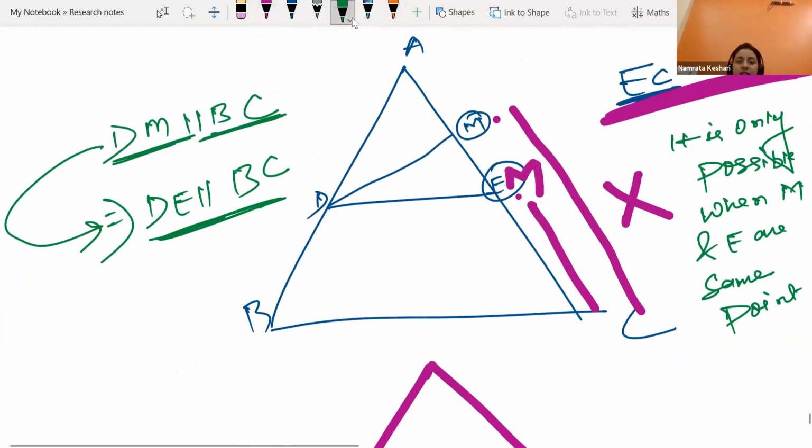That means this M will come and will sit on E. Are you understanding that the DM line will become the DE line? M will come and will sit on E. E and M are the same point.